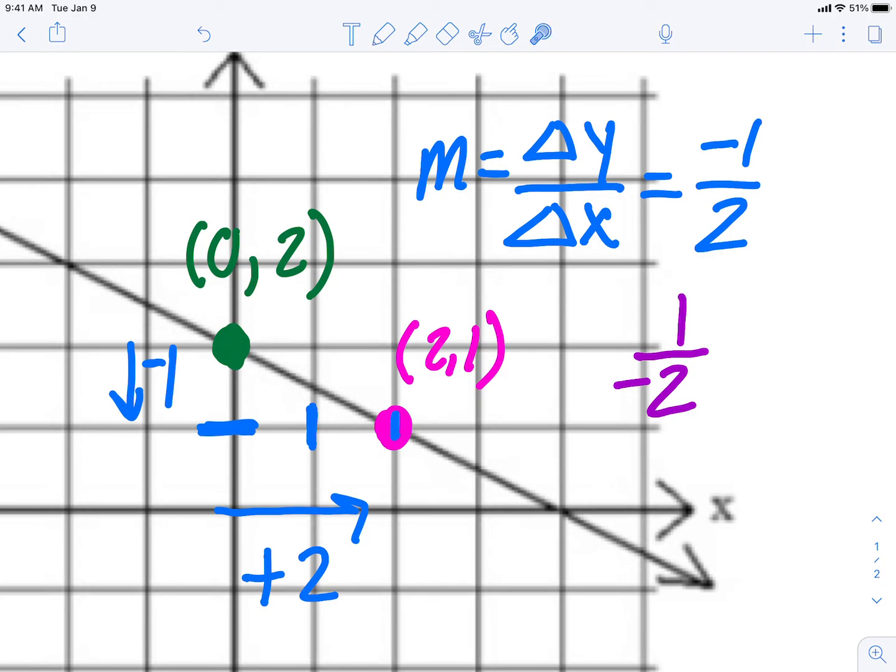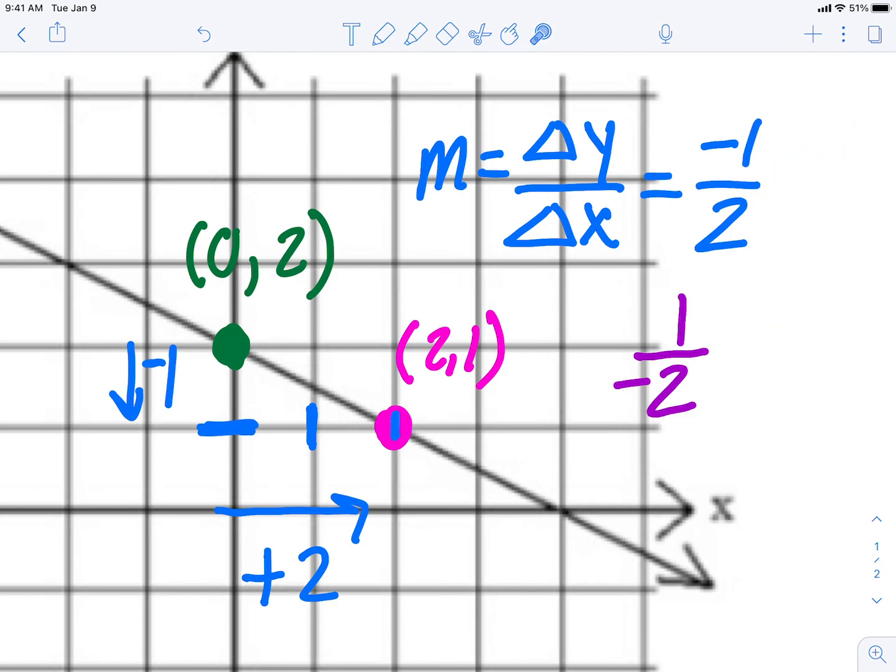But as we learned, this is the same because eventually both are going to have a negative in front of it. This is -1 over 2, and this is -1 over 2 as well. So they're the same.